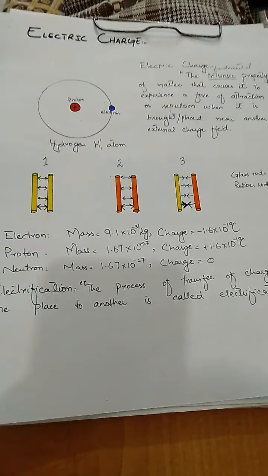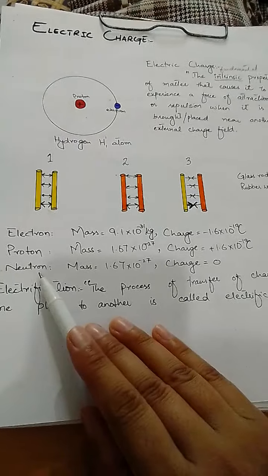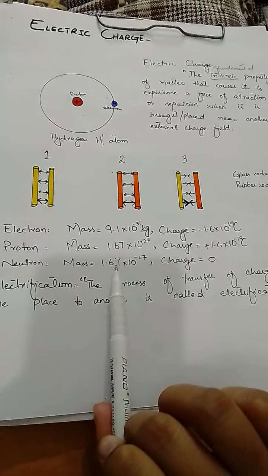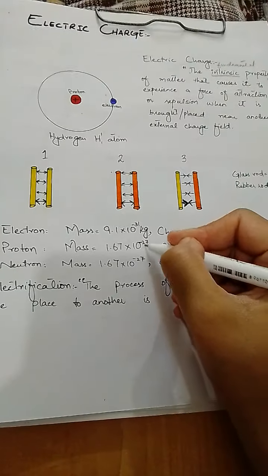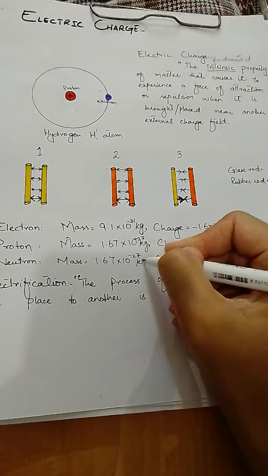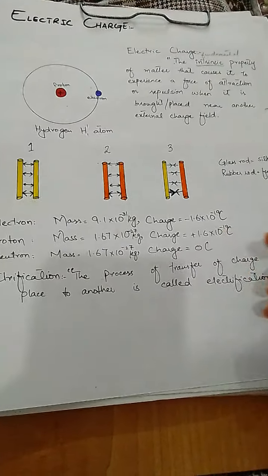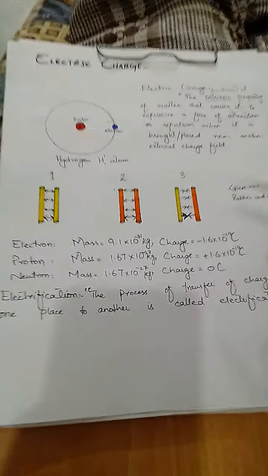Now, coming to neutron. Neutron is also a particle. It has a mass of 1.67 into 10 raised to the power minus 27 kgs. Alright. But it does not have a charge. 0 coulomb.